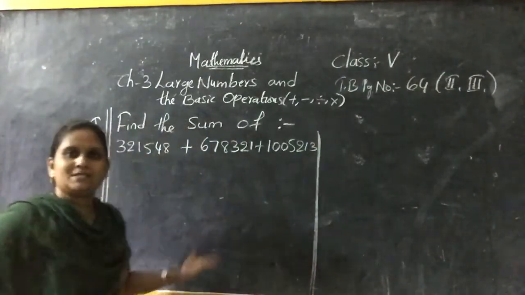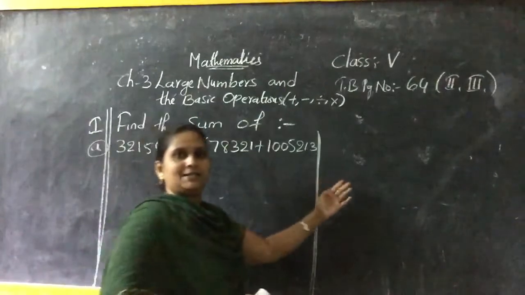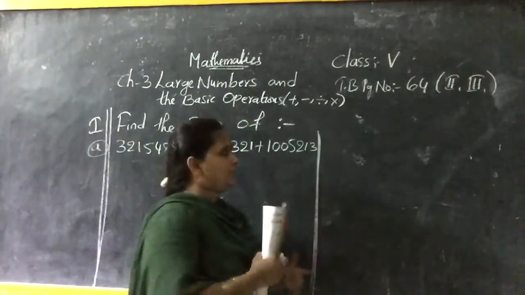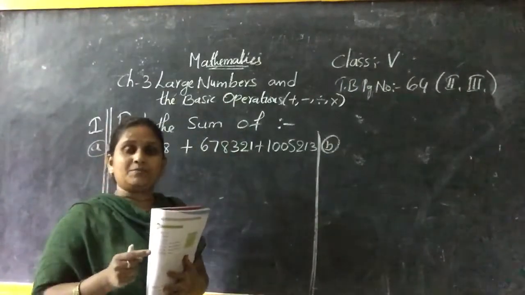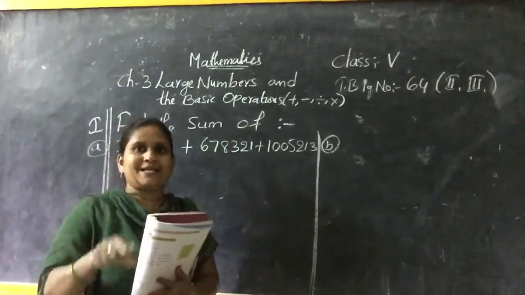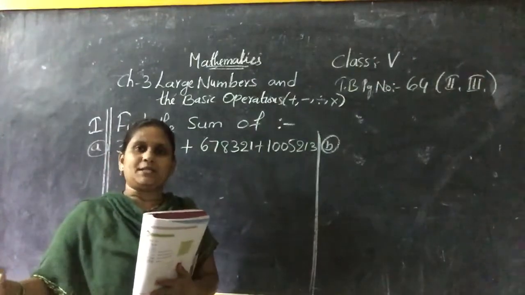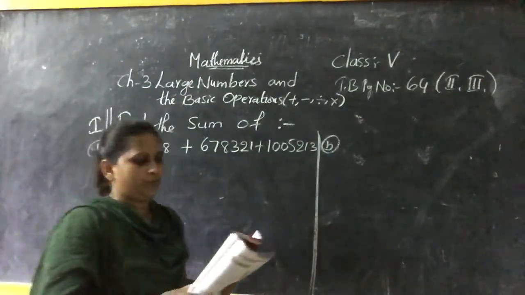As the space below is not sufficient, I am writing the second one beside it. B also I am copying, because I said A and B sums of each section we have to do as classwork, and the remaining sums as homework.